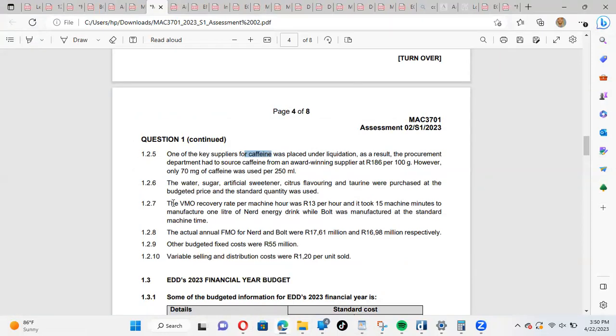And then variable manufacturing overheads. Now, this one is the story. They are now doing 13 rands per hour, and now it's taking 15 machine minutes. So the same story, but now we are using 13 and using 15.